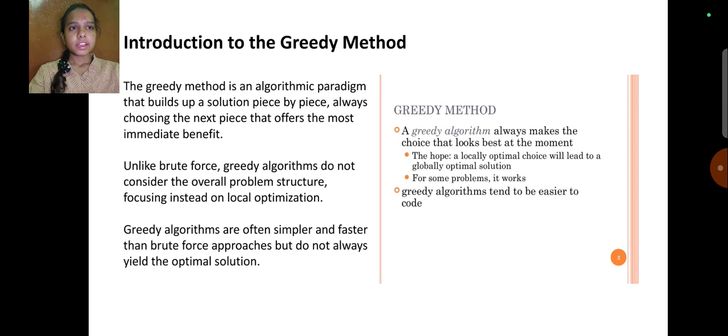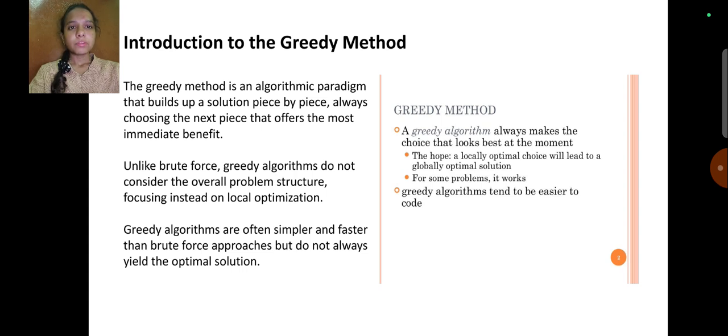And next, introduction to greedy method. The greedy method is an algorithmic paradigm that builds up a solution piece by piece, always choosing the next piece that offers the most immediate benefit.